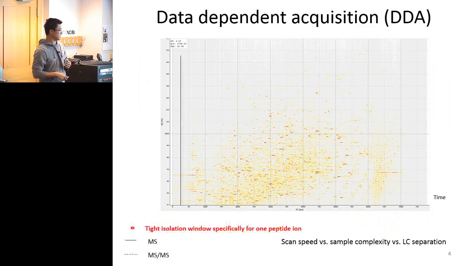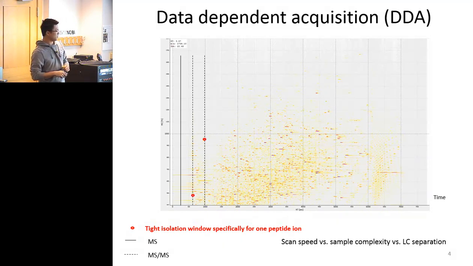The way it works is, once we scan the MS1 signal, the instrument selects the top 20, top 100 high abundant signals, and then does MS2 to acquire their fingerprint spectrum. This scan represents the MS scan, and they acquire the MS2 spectra for this molecular weight, and the next scan acquires the MS2 spectra for another molecular weight.